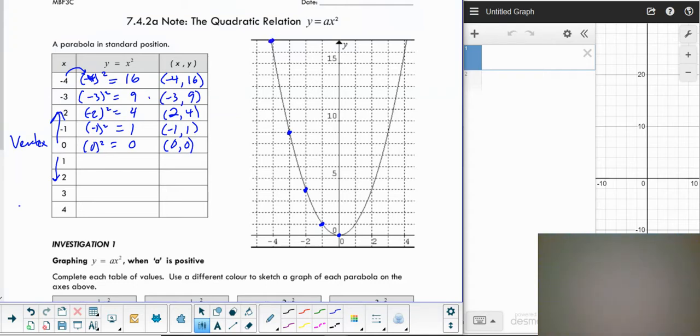All right. Now in here, we have 1 squared is 1, so 1, 1. 2 squared is 4. And what do we see happening here? Well, we see the numbers are repeating themselves. And that makes complete sense because a parabola is symmetrical, meaning the left side is going to look like the right side.